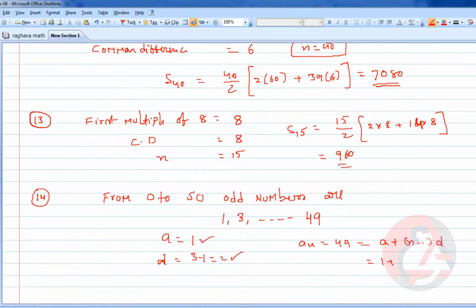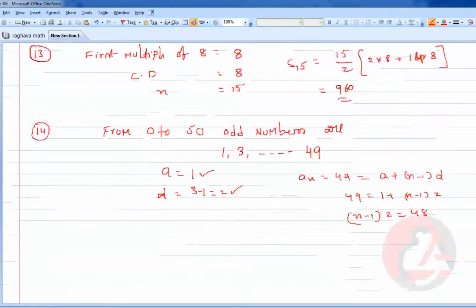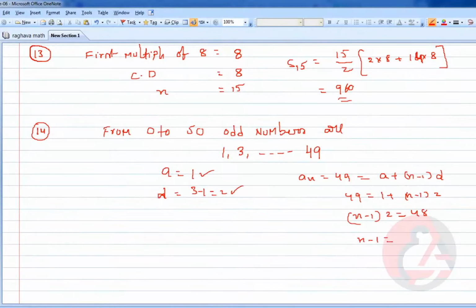So 1 plus (n minus 1) into 2 is 49. So (n minus 1) into 2 is equal to 48, n minus 1 is 24, and n is equal to 25. So there are 25 odd numbers between 0 and 50. So I want S25.